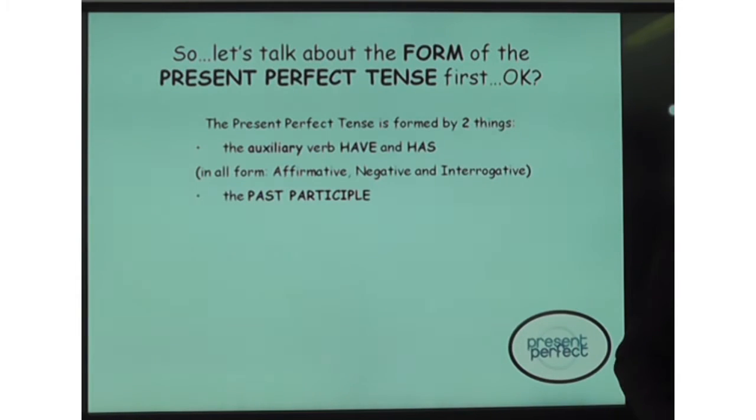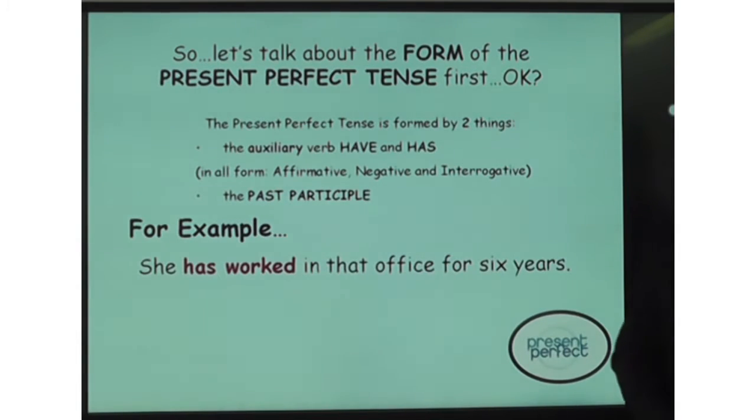The present perfect tense is formed by two things: the auxiliary verb have or has, in all forms, affirmative, negative and interrogative, plus the past participle. For example, she has worked in that office for 6 years.